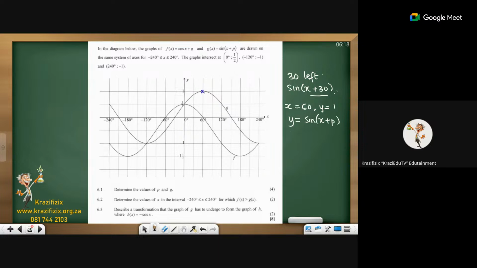What is y? 1. How do you get rid of the sine? That's grade 10: arc sine of 1. That's how we find the angle. Put that in a calculator. What would that give you? 90. 60 plus that there. What is P? Positive 30. Positive, you get it. If it's negative, you get it.